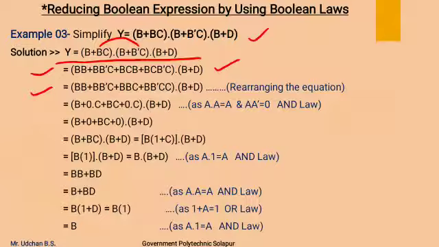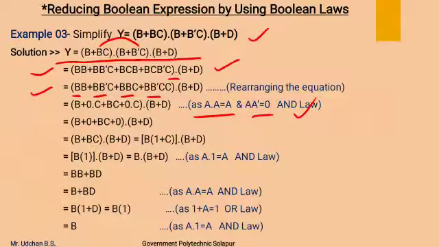Now in this, b bar and b bar will give you 0, as a bar a gives you 0 as per the AND law, and this b into b will give you b, and this c into c will give you c, as a into a is equal to a as per the AND law.